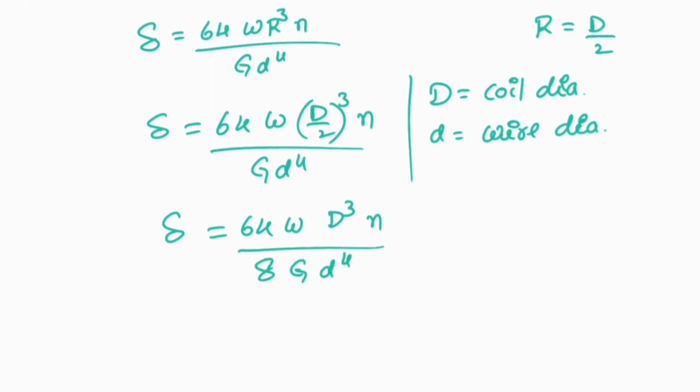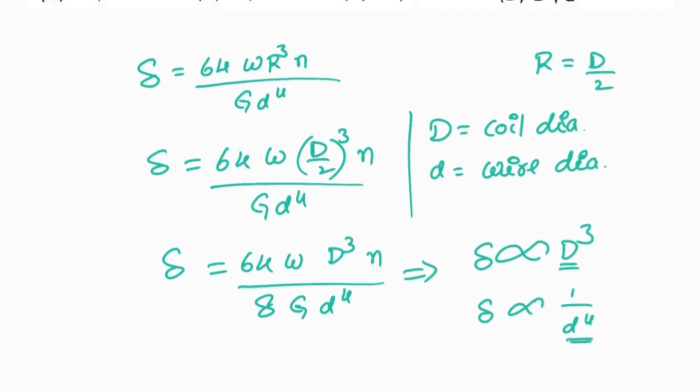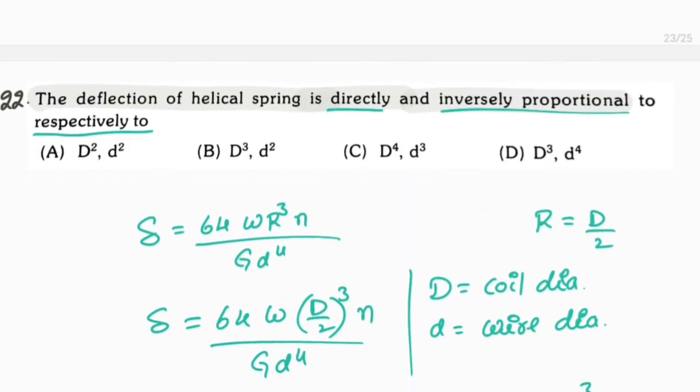The question is asking the relation between the deflection and capital D and small d. From this I can write that deflection is directly proportional to D cube and inversely proportional to small d power 4. So the answers are respectively capital D cube and small d power 4.